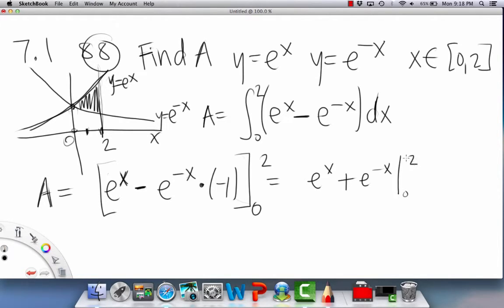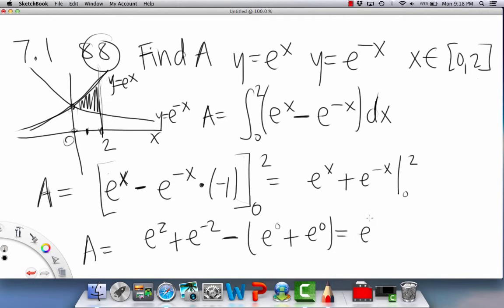So then from 0 to 2, and we get, so our area is going to be e squared plus e to the negative 2, and then minus e to the 0 plus e to the 0, right? So this is going to equal e squared plus e to the negative 2 minus, and each of these is 1, so 1 plus 1 equals 2. Okay?